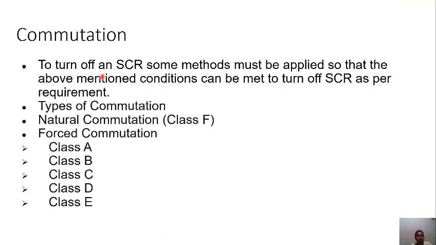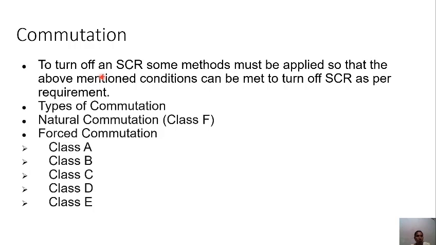Now to turn off SCR, some methods must be applied so that the above mentioned conditions can be met. Depending on the way in which this commutation is achieved, you can classify it into natural as well as forced commutation. In natural commutation, we are not using any external commutation circuitry.